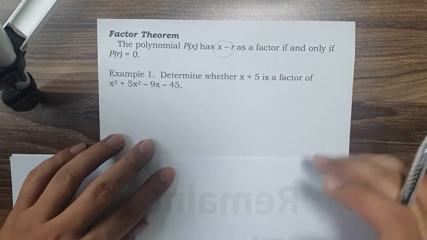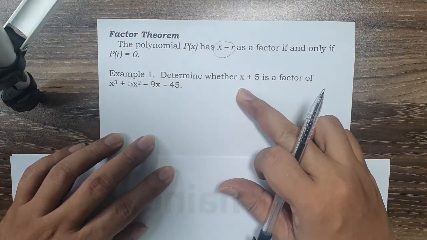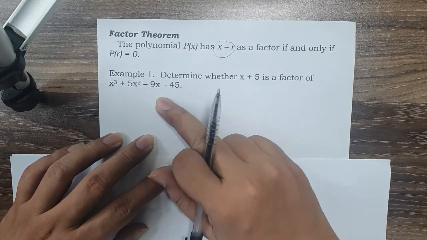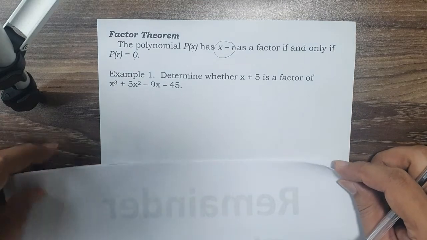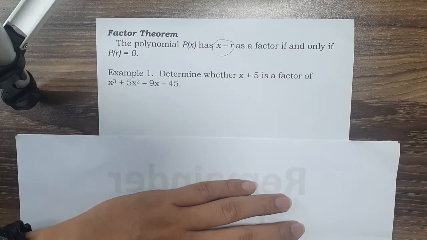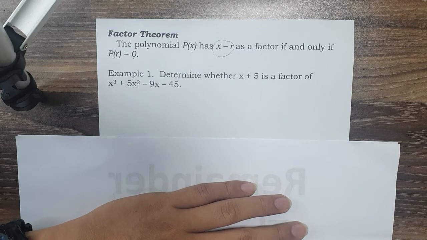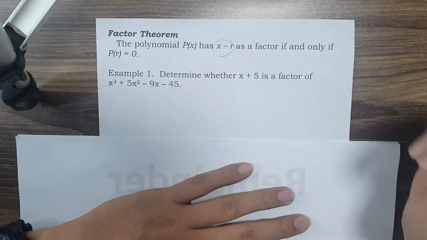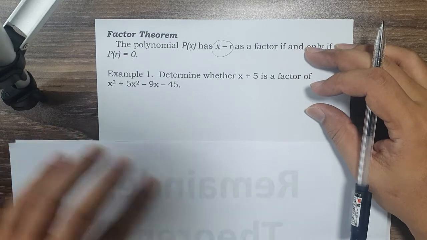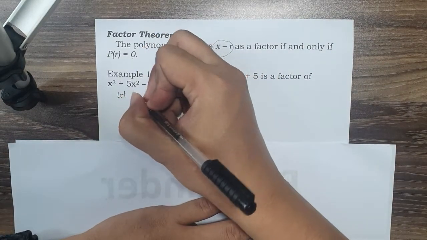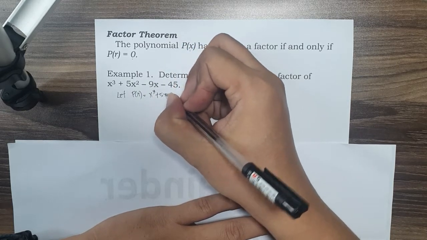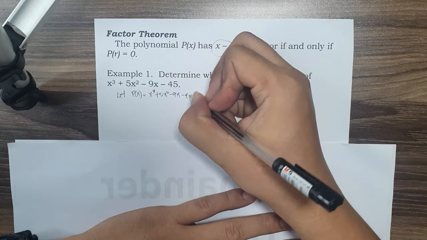The same with number 2: since the remainder is 0, x plus 1 is a factor of 2x cubed plus 3x squared minus 2x minus 3. But in number 3, the remainder is not 0. So, 2x plus 1 is not a factor. So, to see it step by step, let's have this example. Determine whether x plus 5 is a factor of x cubed plus 5x squared minus 9x minus 45. So, what do we do? Let's use the remainder theorem. If the remainder is 0, then x plus 5 is a factor of x cubed plus 5x squared minus 9x minus 45. Let p of x equal x cubed plus 5x squared minus 9x minus 45.